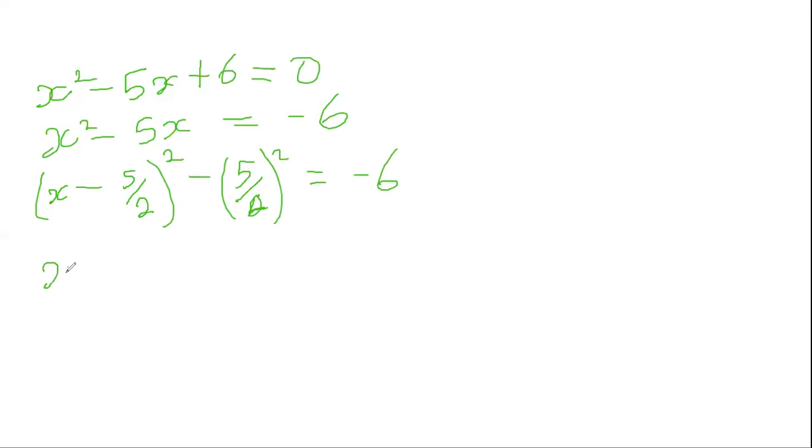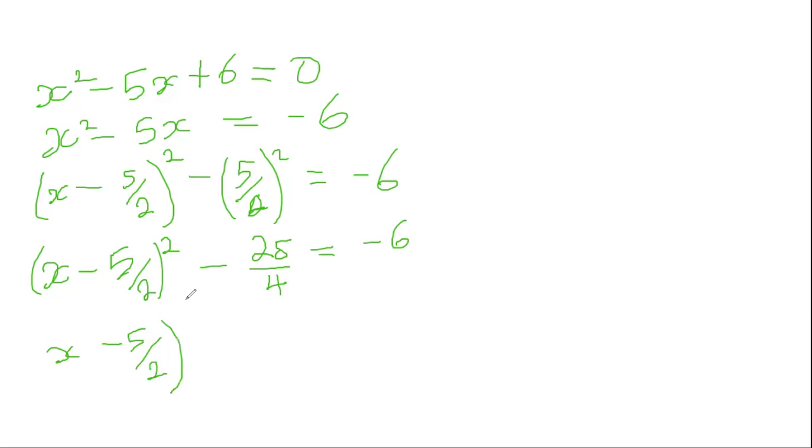So this becomes x minus 5 over 2 squared, then minus 25 divided by 4 is equal to negative 6. So we take this one to the right hand side, and it becomes x minus 5 over 2 squared is equal to negative 6 plus 25 divided by 4.